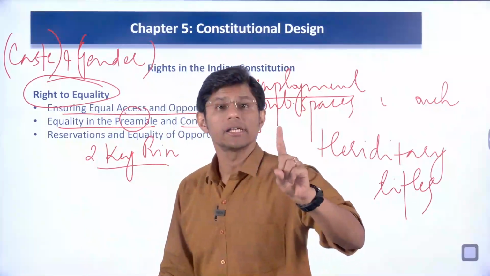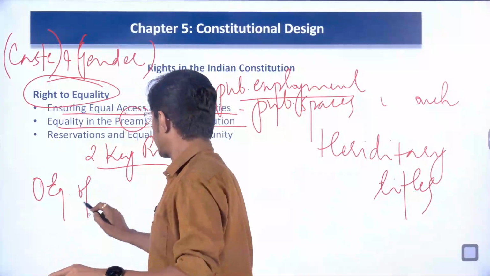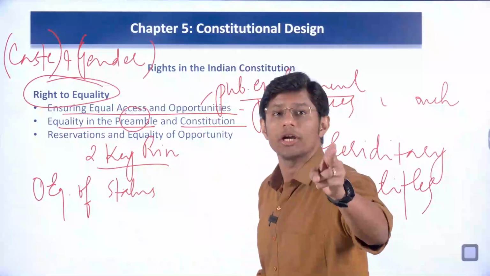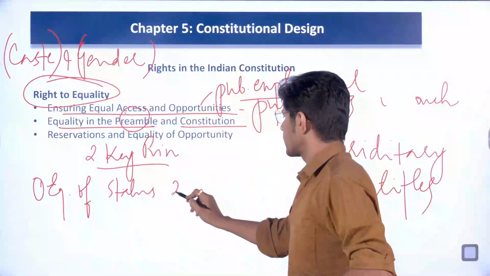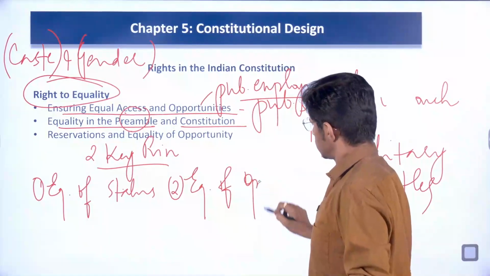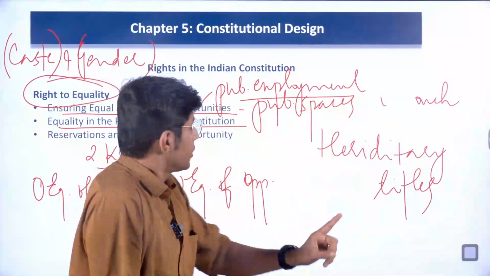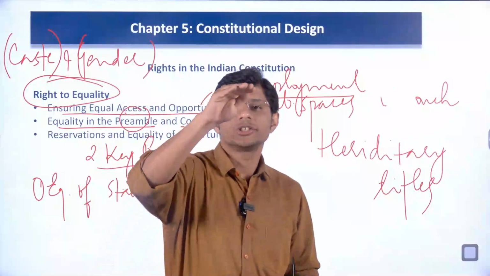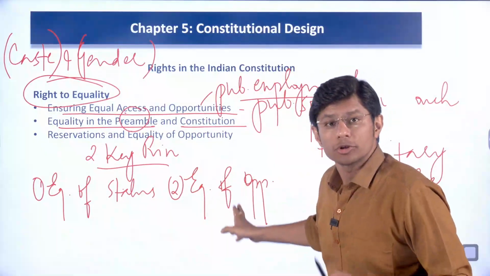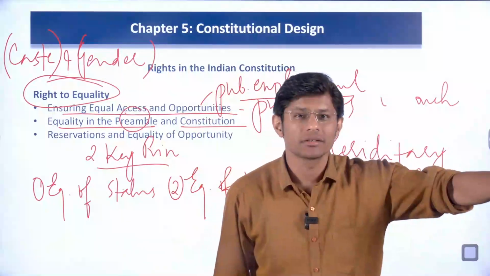The first one is equality of status, and the other one is equality of opportunity. Equality of status ensures dignity and respect for all. Equality of opportunity guarantees fair chances for every citizen.